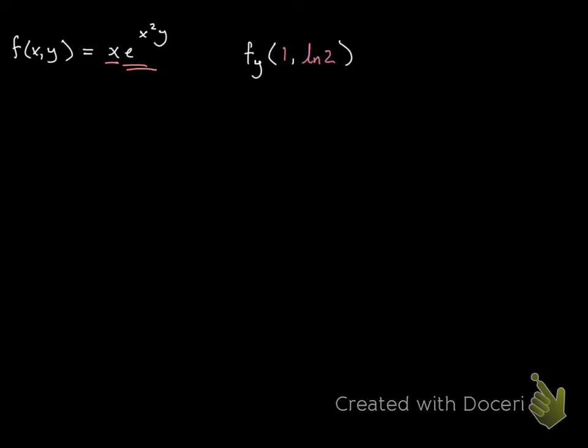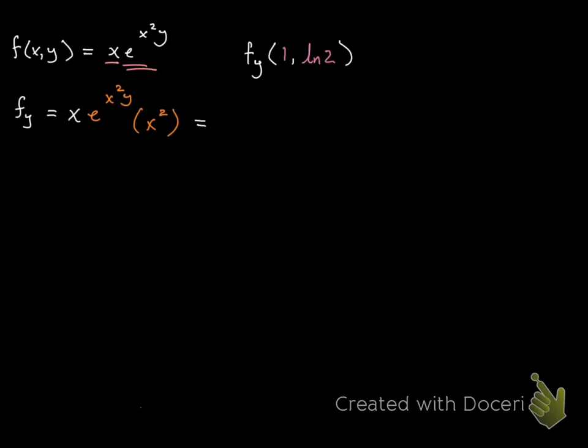So really, when I take a derivative here, I do not need product rule anymore. So when I take my partial derivative, f subscript y, the x stays out front. The derivative of this exponential is the exponential, chain rule times the derivative of the exponent with respect to y, which just gives me an x squared.